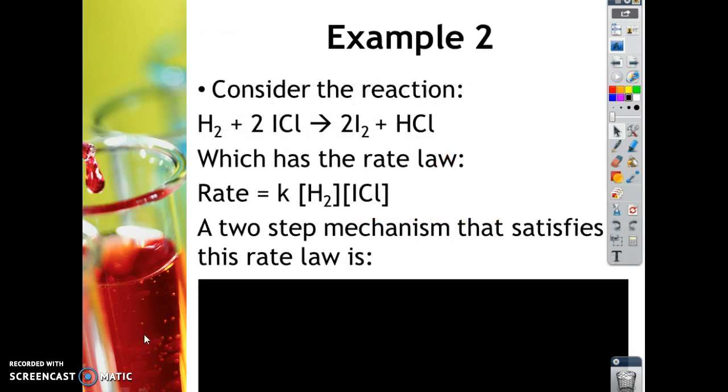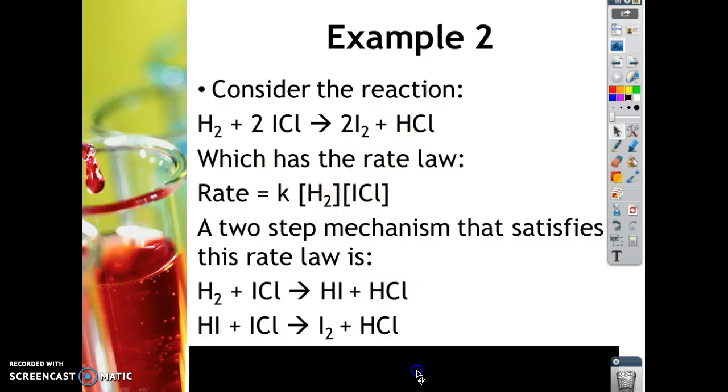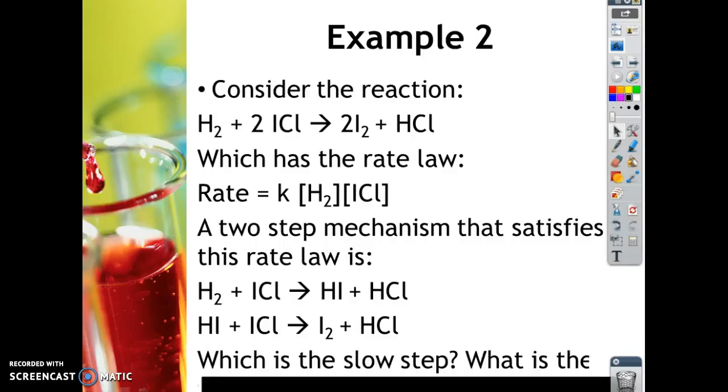Okay, so let's consider this reaction here, and it has this rate law. Well, what does the rate law tell us? It tells us that this is the slow step in our reaction, and it also includes some things here that tell us it could be 2 steps. So here's what our 2 steps look like, and we have some questions we can answer here. What is the slow step? Well, how do we know? Look at your rate law.